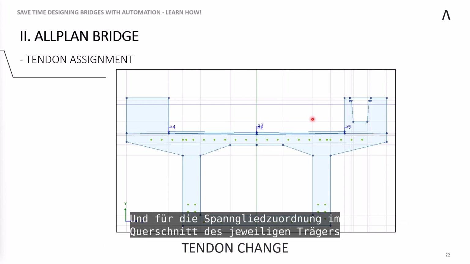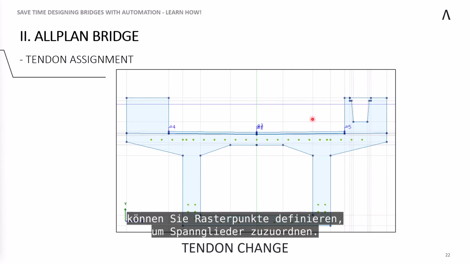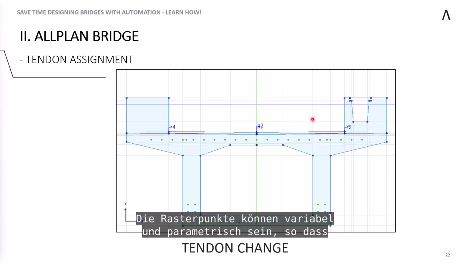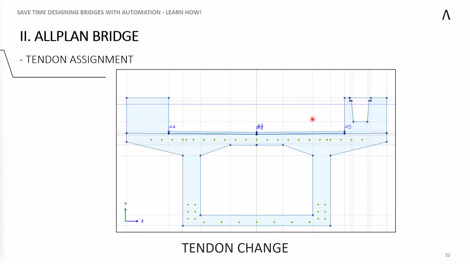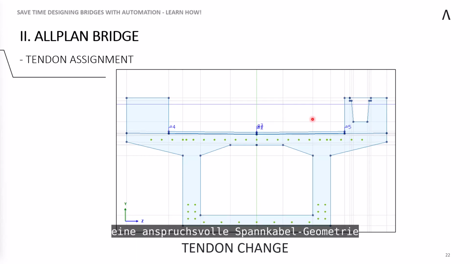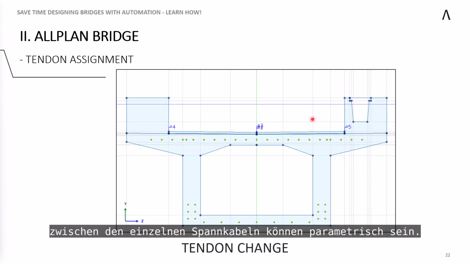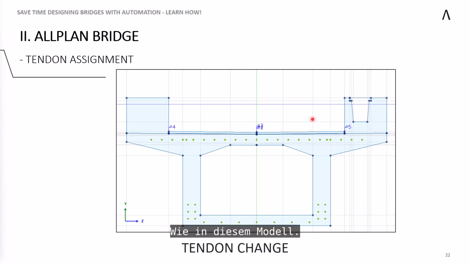And for the tendon assignment, in the cross section of the relevant girder, you can define grid points to assign tendons. The grid points can be variable and parametric so that challenging tendon geometries can easily be assigned with just one table. The logic is like an array function, and vertical and horizontal distances between each tendon can be parametric, like in this model.